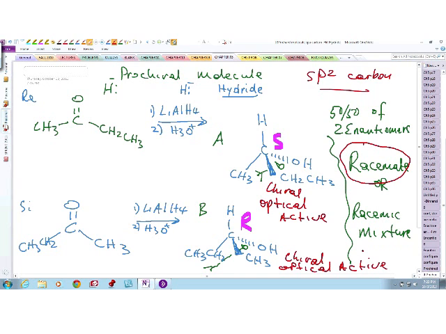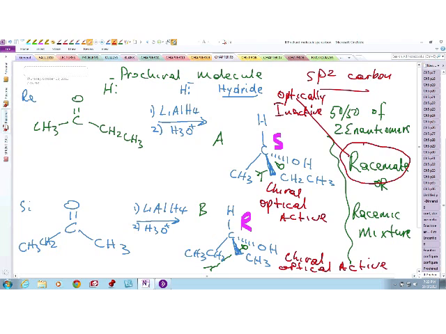So let me take back what I said before about the mixture being achiral. But the mixture is optically inactive. In other words, the racemic here is optically inactive. We will tell you why in a minute.